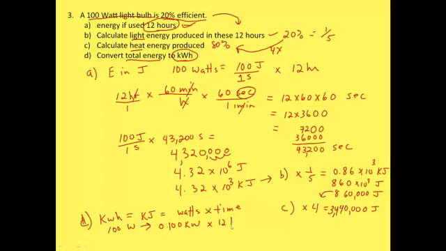What is it? 12 hours. And what do you end up with? You end up with 1.2 kilowatt hours as the final answer here. That goes back to the question D.